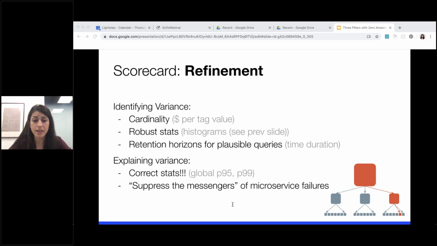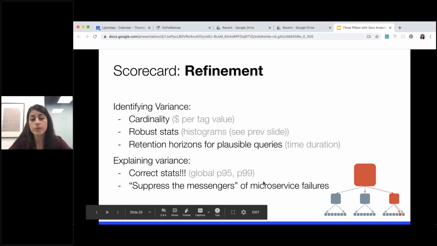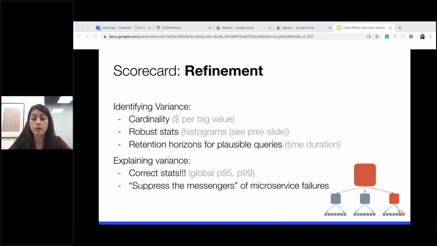The next thing here is it's important to understand how long your data is retained for, because usually when you identify a regression, one of the first questions that I ask is, is this a new regression or has this been happening for a while? What's normal? Having long retention horizons helps you answer the what's normal question.